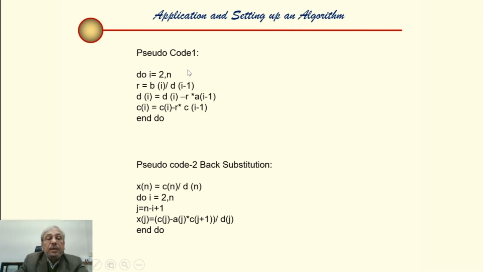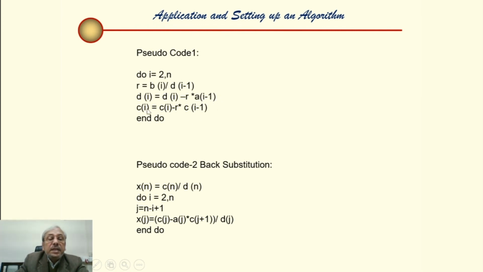R is bi by di minus 1, and di new is di old minus r into ai minus 1.